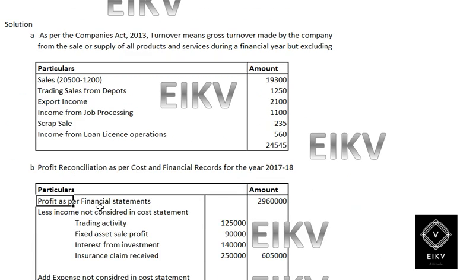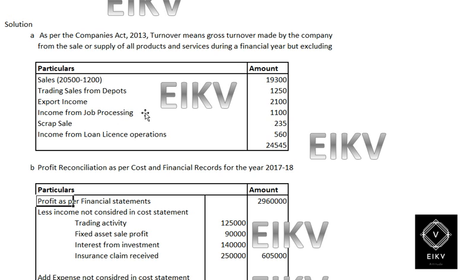So first of all we'll check how to compute the turnover as per the Companies Act 2013. First of all we have taken the sales amount by deducting the excise duty, that is 20,500 minus 1,200, that is 19,300. Then trade sale from export 1,150, then export income 2,100.